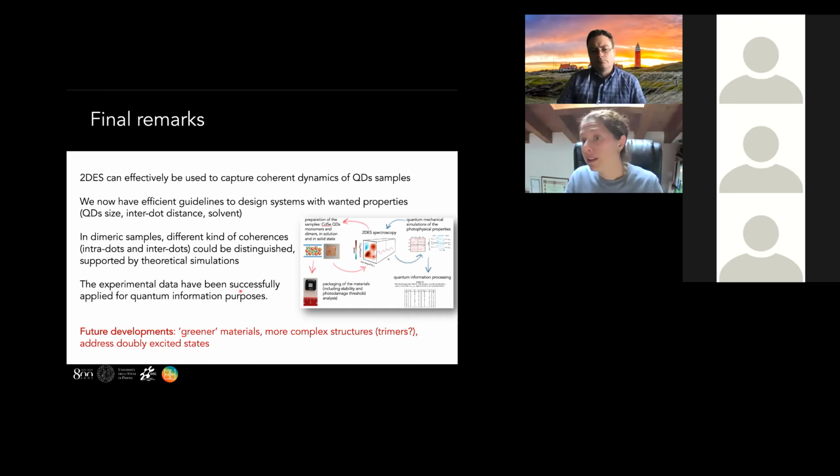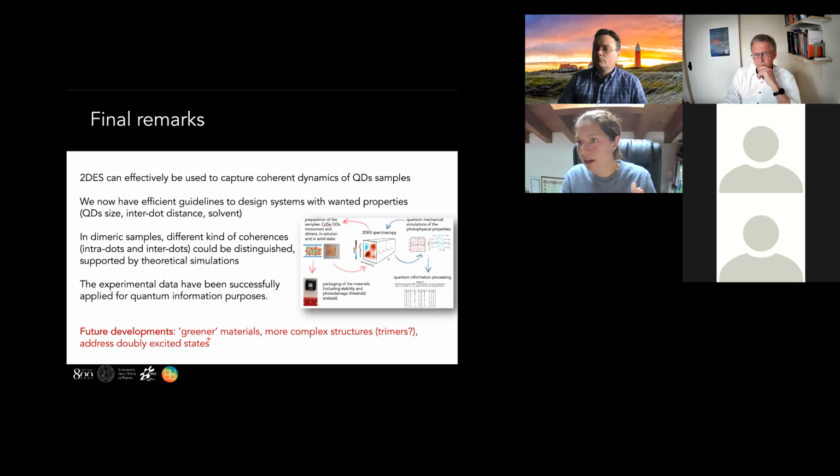Future development, very quickly, go to greener material. I said at the beginning that we were using cadmium selenide because this was the easiest material to start with. Cadmium selenide is not a green material though, so we want to move to lead sulfide or other materials without cadmium or selenium. Move to more complex structures. I mean, dimers were really successful.